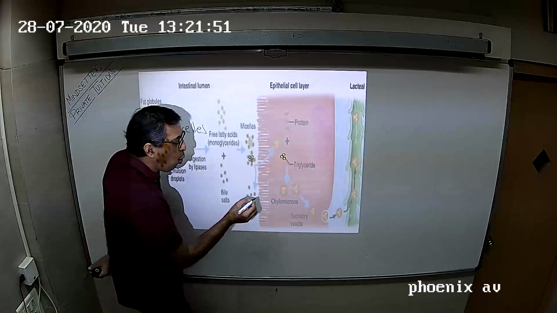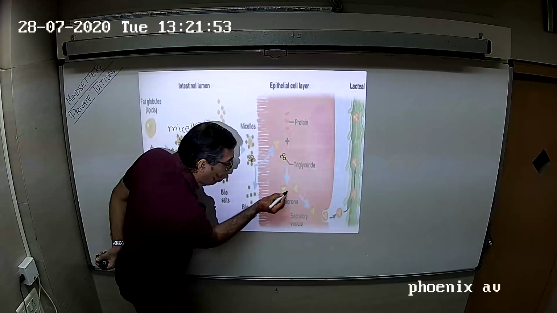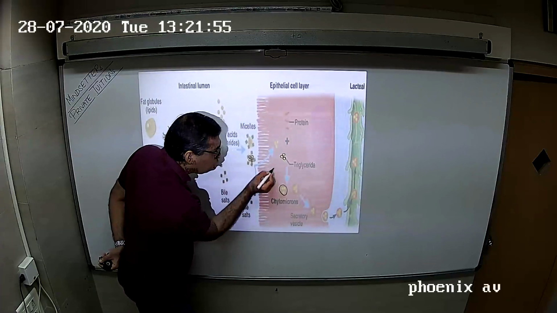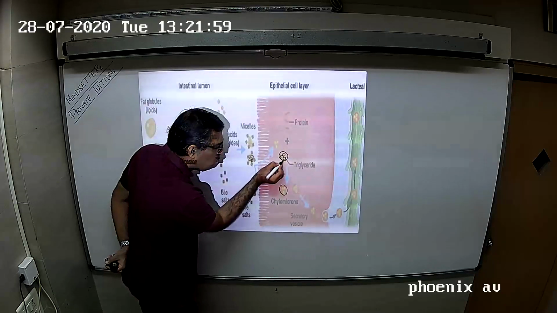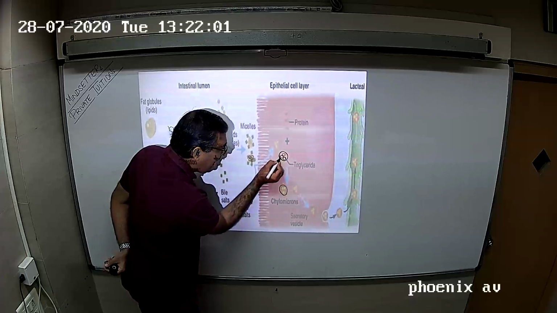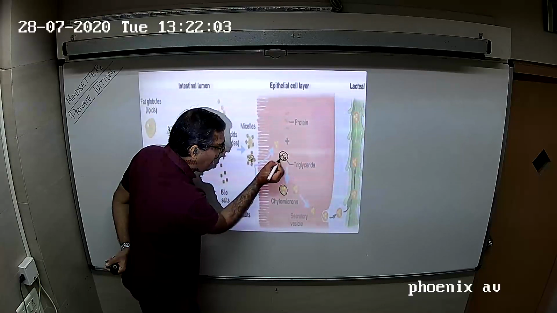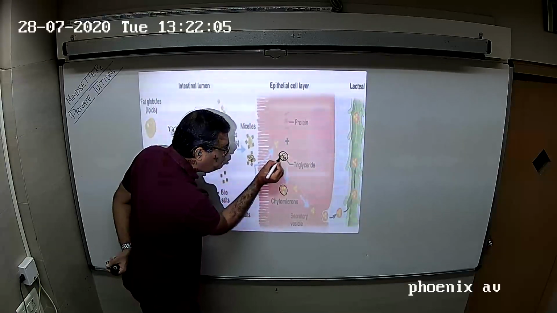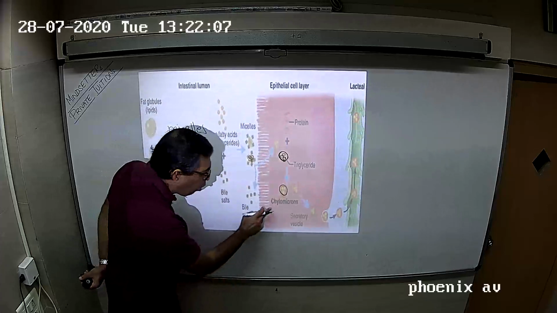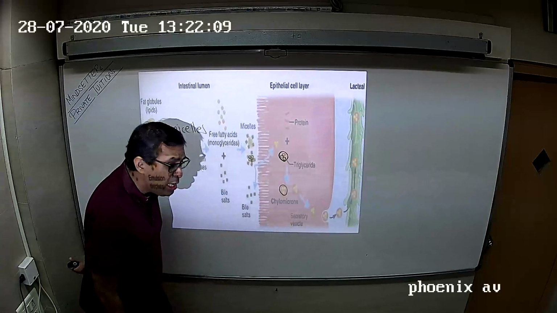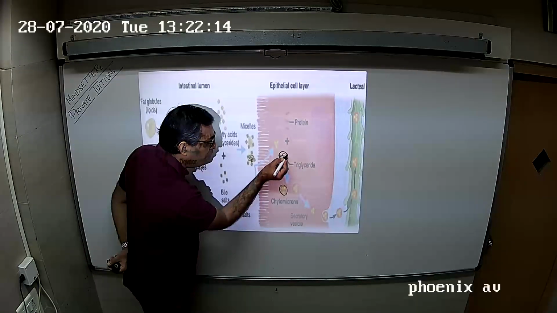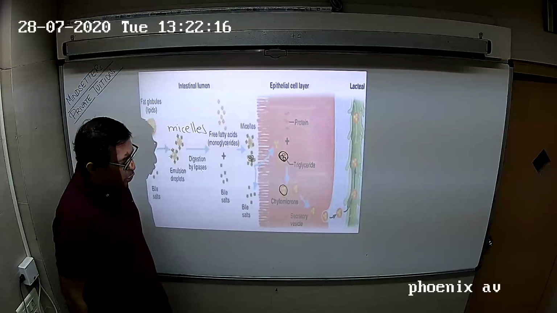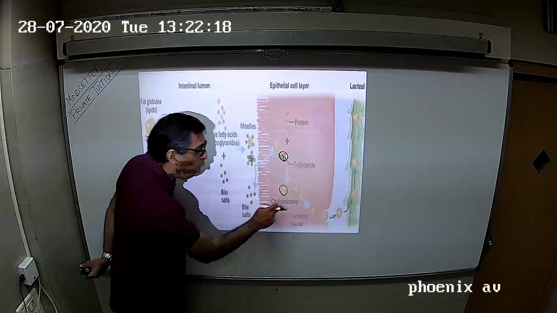Triglyceride gets coated by a protein. तो ट्राइग्लिसराइड के बाजू में एक प्रोटीन कोट आ जाता है, and triglyceride with the protein coat is now called a chylomicron.